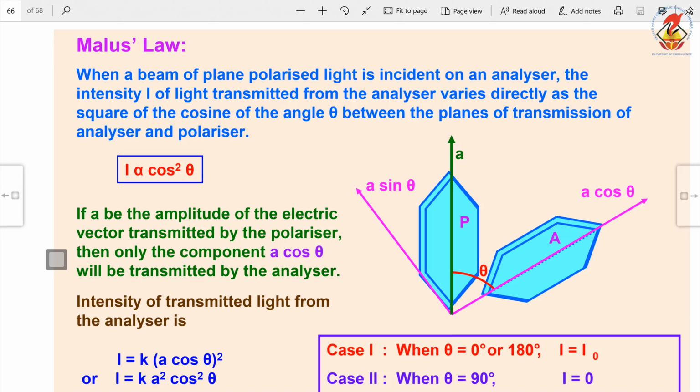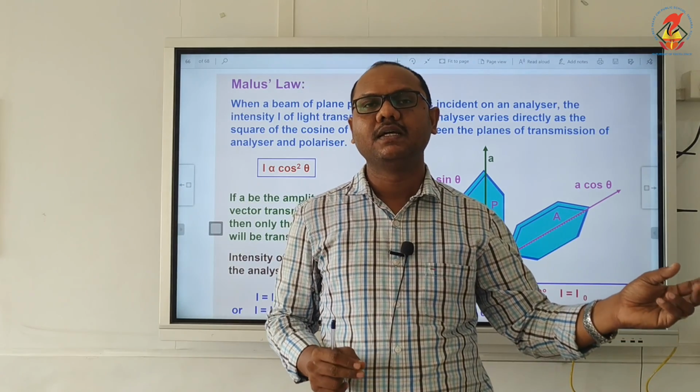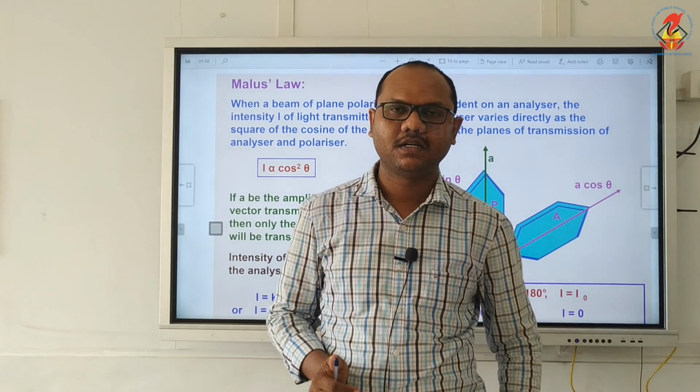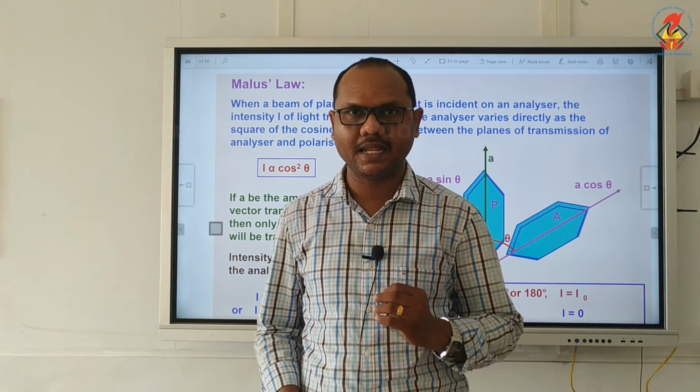That means intensity of the light passing through the analyzer is directly proportional to cos square theta, where theta is the angle between polarizer and analyzer.